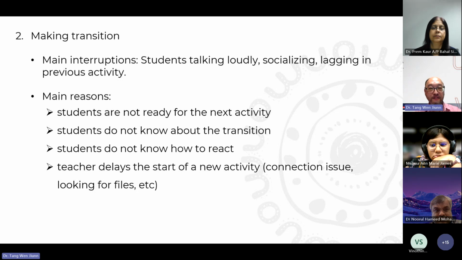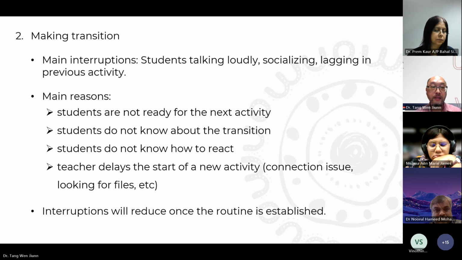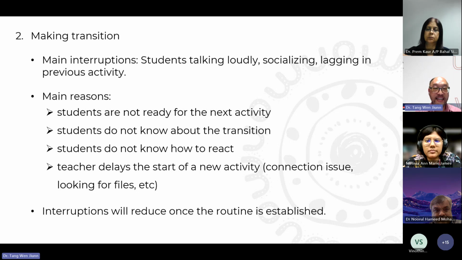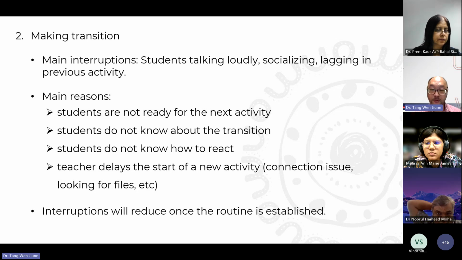All these things are disruptions. Sometimes it is unavoidable, but we must be aware of the disruptions caused by transitions. So we have to be aware of this and plan our activities, and trial and error will make it perfect one day.